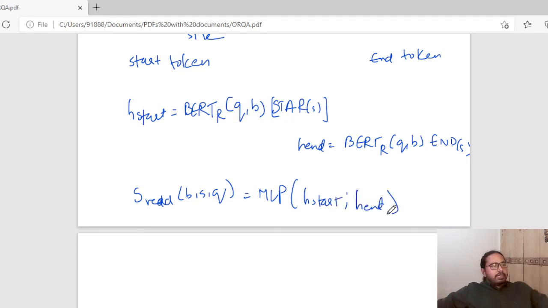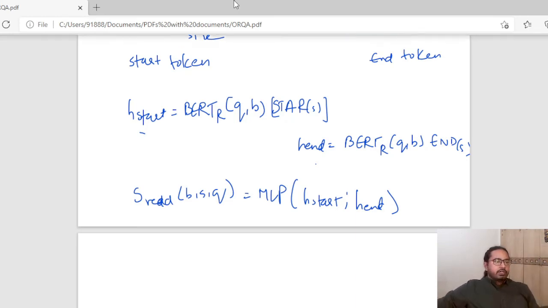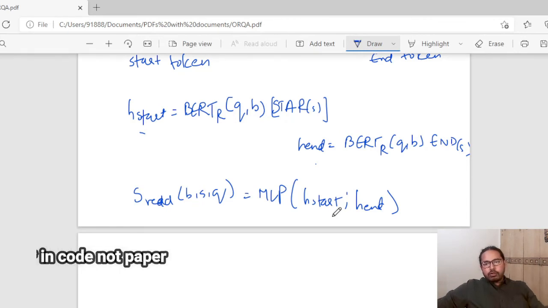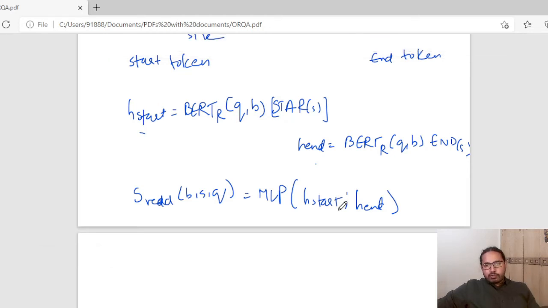So what they're saying is they'll get these two representations, H start and H end, concatenate them, pass it through a matrix, add a non-linearity, and that should give us the value of the reader score for a particular pair of a passage and a span in it for a given question. Sounds easy, but that's how the equations are written. But if you see the code, there's a difference in how this is achieved. We'll discuss that shortly. Also, they don't really do concatenation in the paper, they do an addition. I guess that makes it easier and keeps the number of parameters low also.